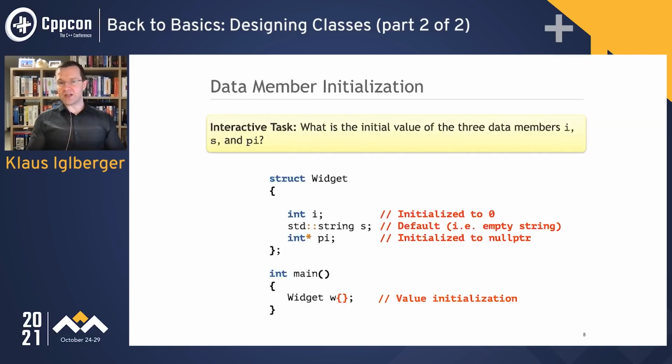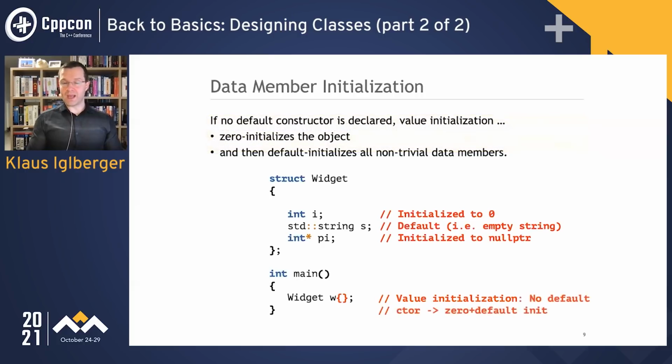If the class doesn't have any user-defined default constructor, then value initialization first of all zero-initializes the entire object, so the int and the PI definitely benefit from that. Afterwards, all non-trivial data members, in this case the string, are initialized by their own default constructor, which doesn't change it. It's still an empty string.